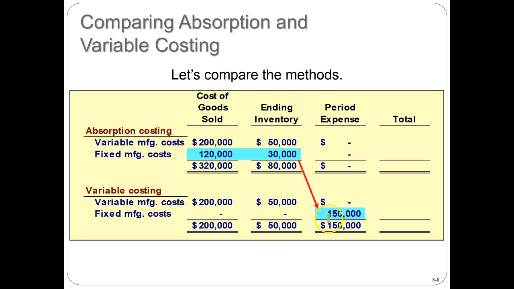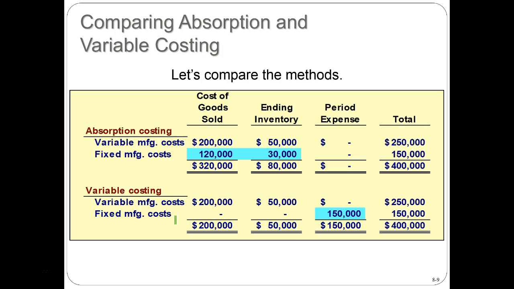Instead, we expensed it all as a lump sum when we incurred it as a period cost. So the difference in terms of timing, when is it going to hit basically the income statement, is that the variable cost method will expense the fixed costs when we incurred them rather than when we sell the goods.